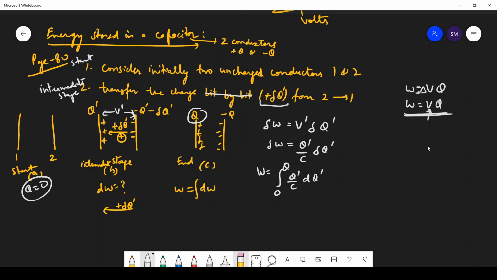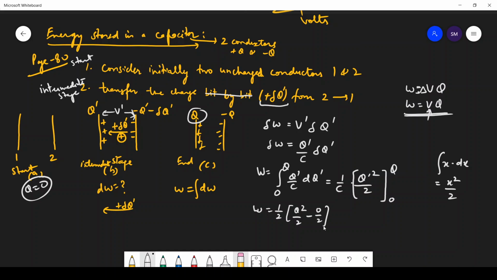Now in 12th class you are very comfortable with integration. So 1 by C, and what is the integration of x dx? That equals x square by 2. So 1 by C is constant outside, and this is Q dash square by 2, and the limits are 0 to Q. Now the work done will be equal to, final value minus initial value: put Q dash equals Q, and put Q dash equals 0.